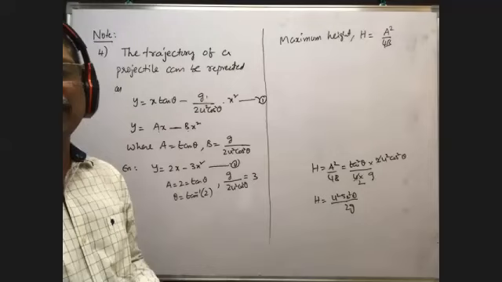Since range R is equal to u square sin 2 theta by g, instead of u square sin 2 theta by g we can write range. So we get x by range R. I already derived this formula also. This is equation 2. I think you know this equation.